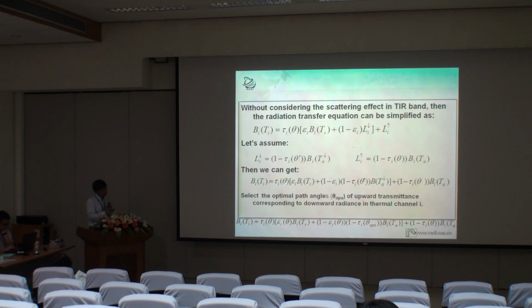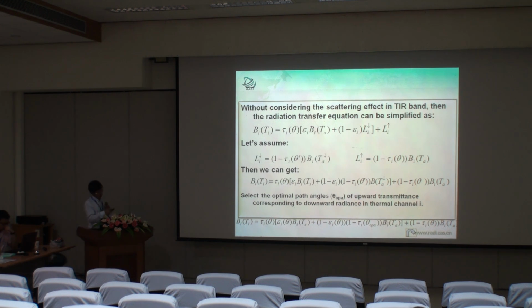So this is just to show some of the equations and processes. Without considering the reflected solar radiation in the TIR band, the radiative transfer equation can be simplified as: the radiance observed by the satellite is equal to tau, which is the transmittance of the atmosphere, times the emissivity and the Planck function of the land surface temperature, plus the reflected downward atmosphere radiance, plus the atmosphere upward radiance.